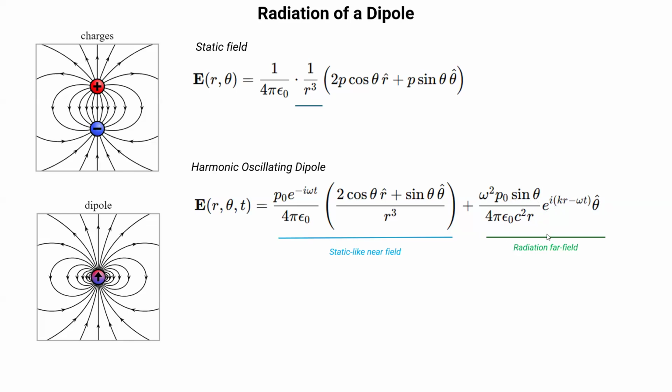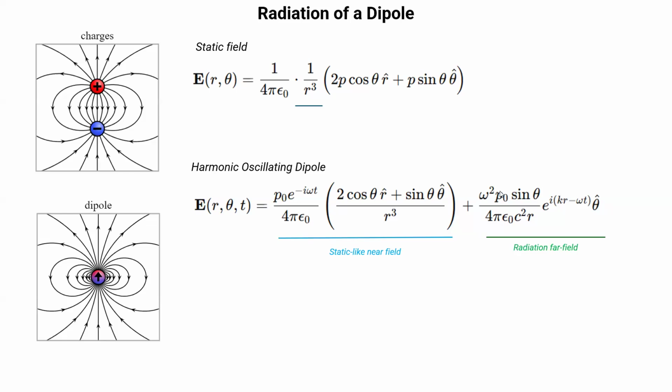At the same time, this radiation far-field part completely coincides with the radiation from a charge. It simply means that if I consider my system far away, I don't see a difference between the charge and the dipole, so their radiation is the same.